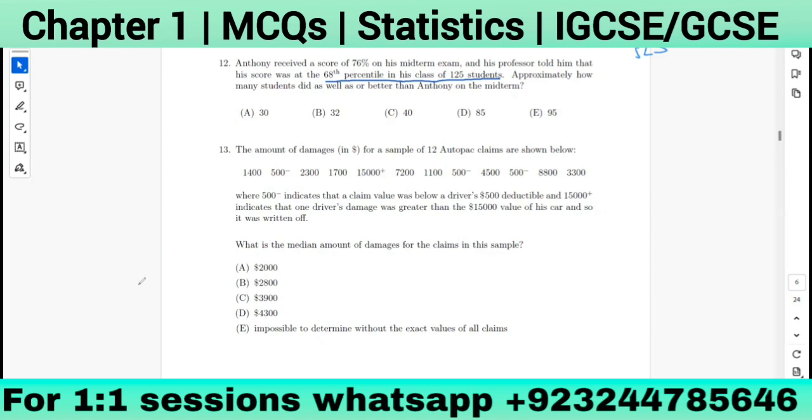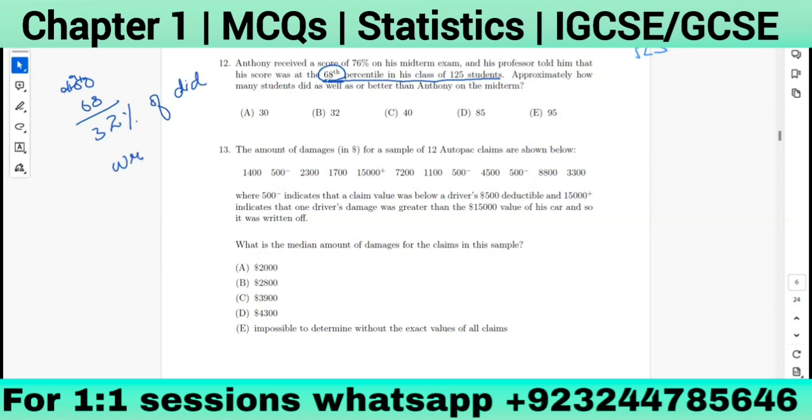Yeah, I'm thinking. Anthony received a score of 76% on his midterm, and his score was at the 68th percentile in his class. So if his score was at the 68th percentile, the total is 100. So how many students did worse? No, the total is 125. So 32% of the students did better.